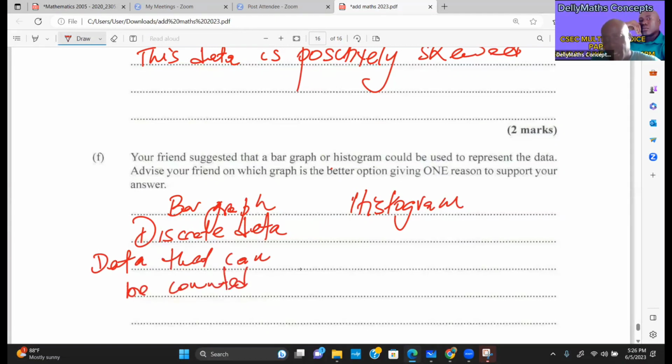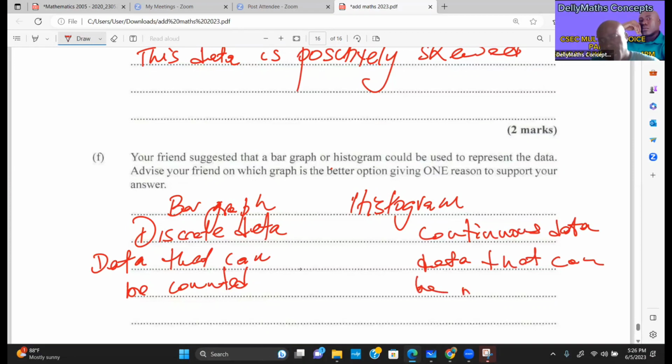Now, histogram represents continuous data. And this is data that can be measured. So there's a difference here. We're talking about scores of a test that we can literally see who gets what.